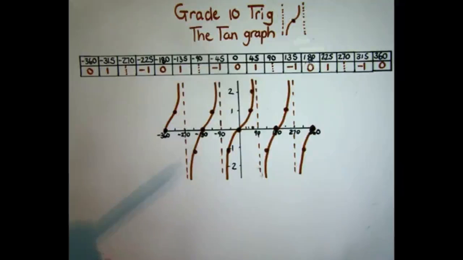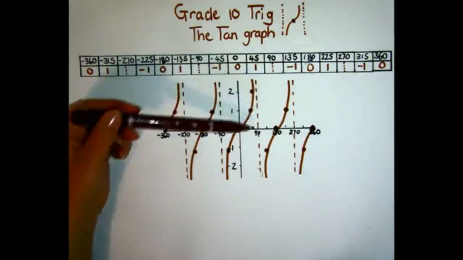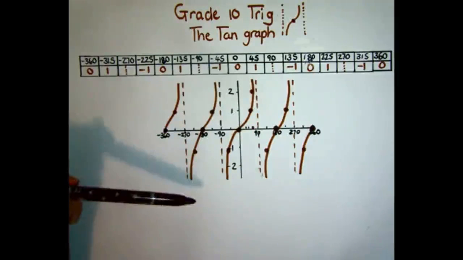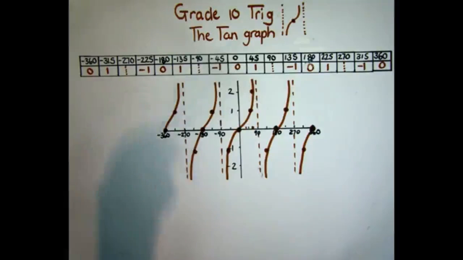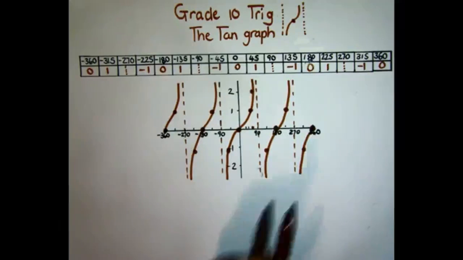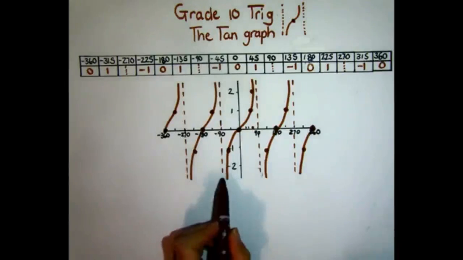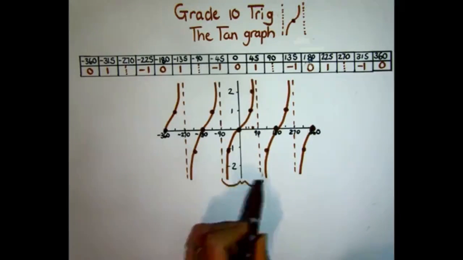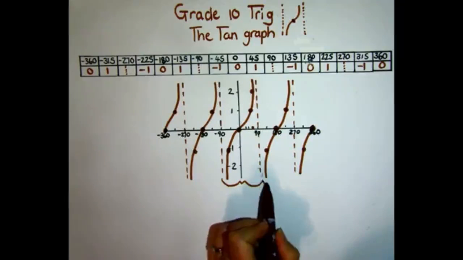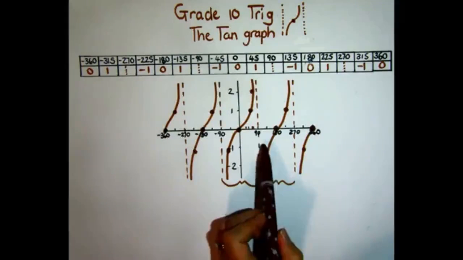This graph looks completely different to the sine and the cos graph, and you need to remember to curve so that you get the right shape. There's also something really different about this graph. One shape is one water slide between the two poles. So you get an entire tan graph in that amount of space and another entire one there. This one's easy to see.